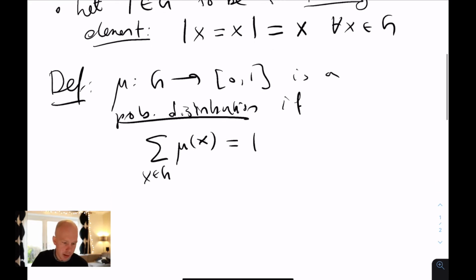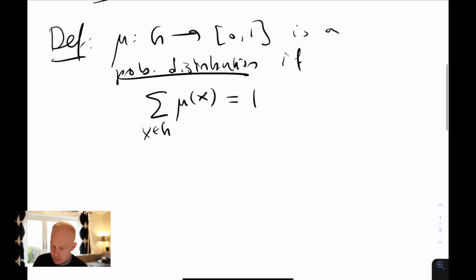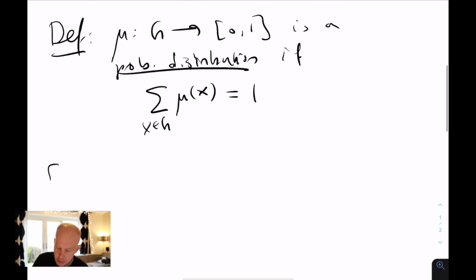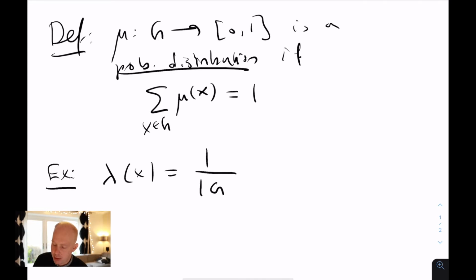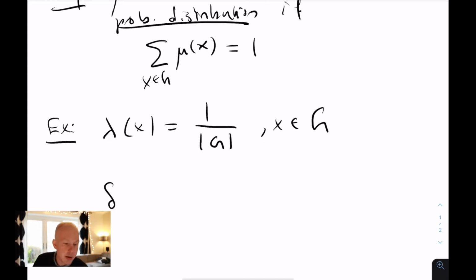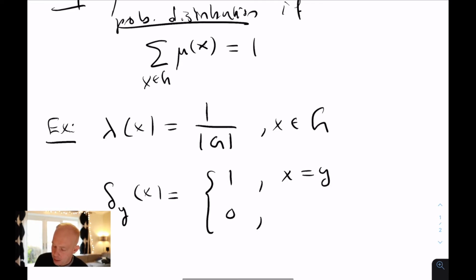That's the definition of a probability distribution in the group. A couple of basic examples are the uniform distribution lambda, which is 1 over the cardinality of the group, and then we also have the Dirac distribution at some point x, which is just given by 1, 0. It's the same as we have done already in the general setting.